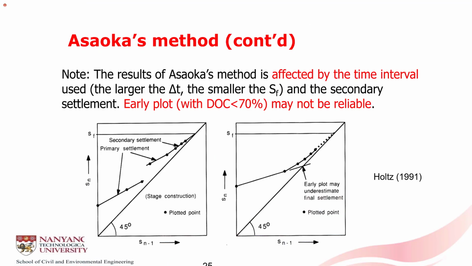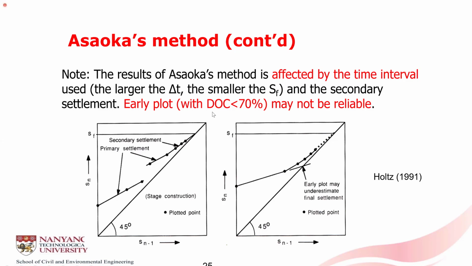However, when we use Asaoka's method, we have to bear a few uncertainties in mind. The first one is the ultimate consolidation settlement can be affected by the time interval used. Just now I used 20 days, but if you use 10 days, the ultimate consolidation settlement value may be different. Another problem is the curve may be affected by the secondary settlement.